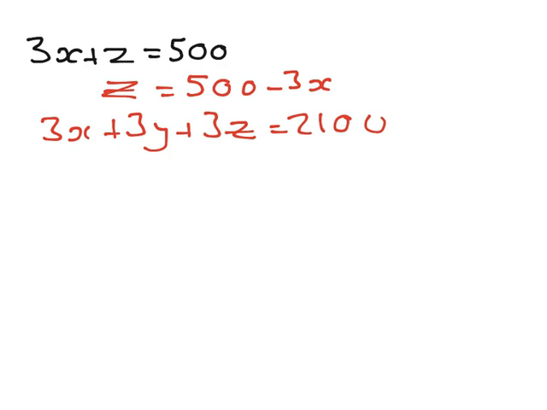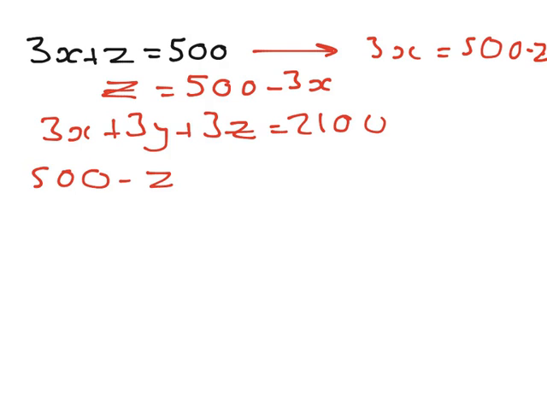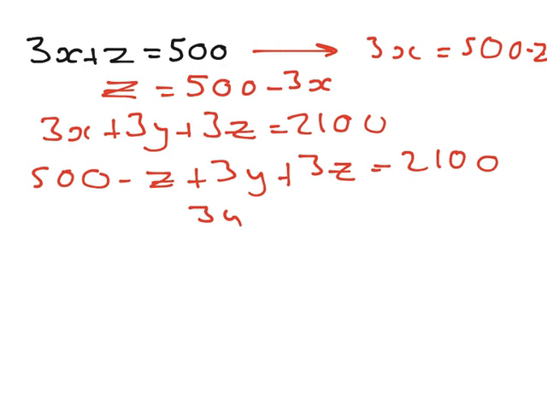Now I can substitute in this equation here, which is 3x equals 500 minus z. So that's going to give me 500 minus z plus 3y plus 3z equals 2,100.